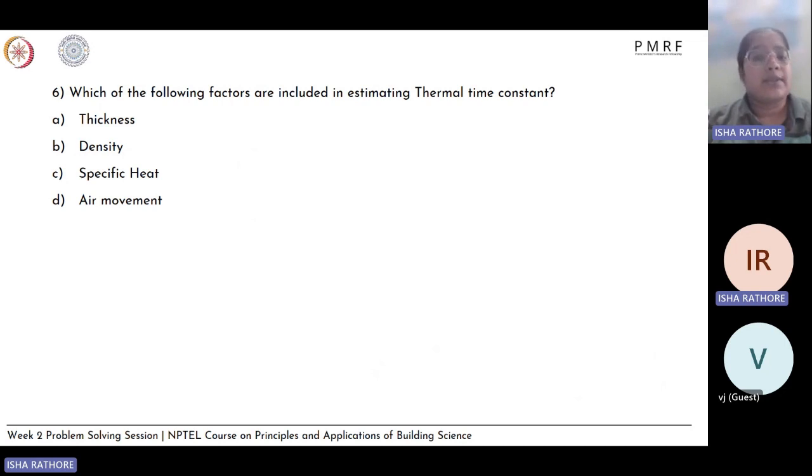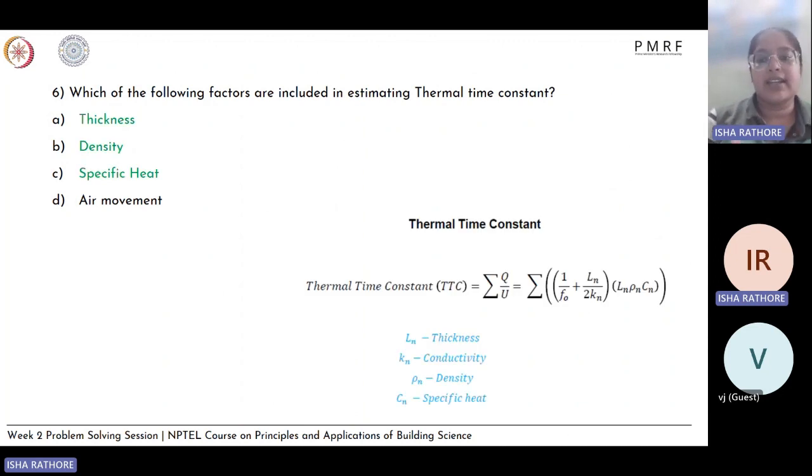We looked at the calculations of TTC, which was slightly complicated. Okay, so we have answers A, B, and C, which are correct.